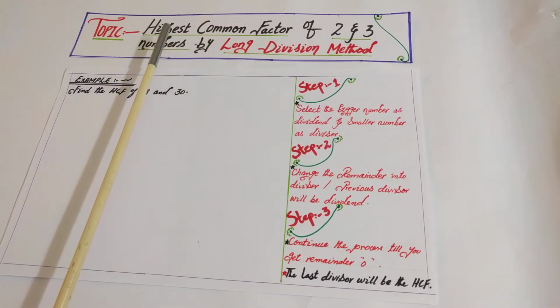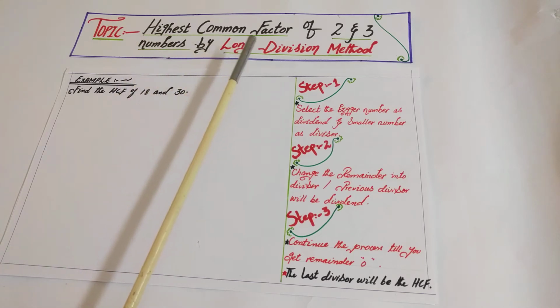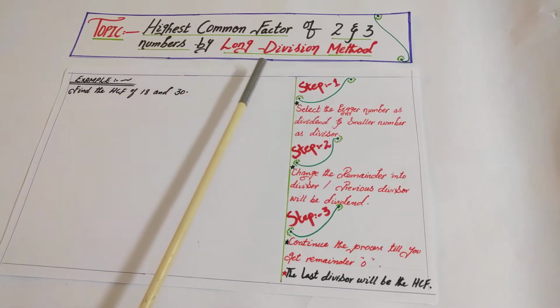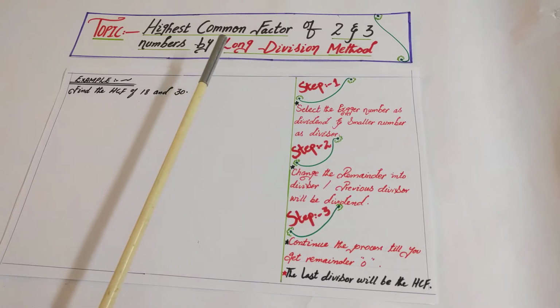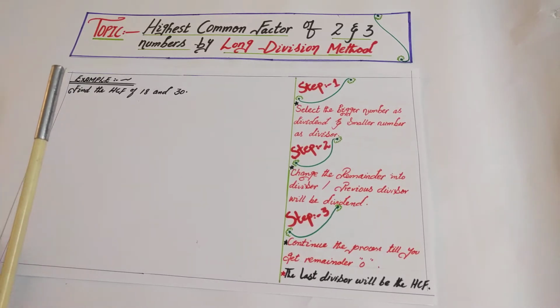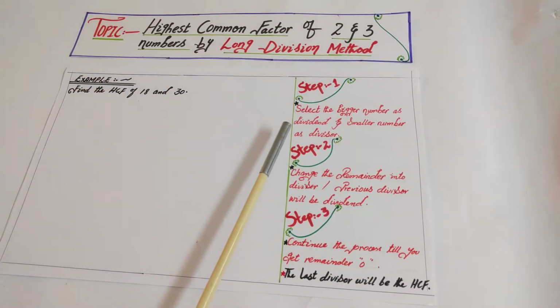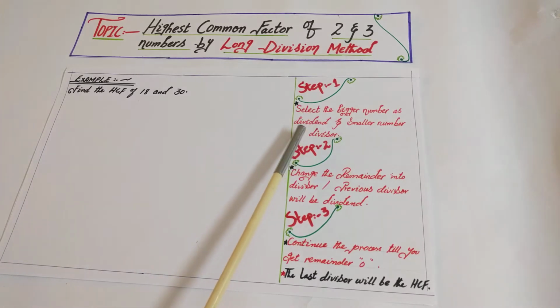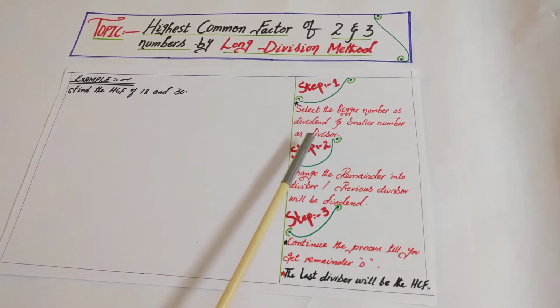Before we start this topic, highest common factor of 2 and 3 numbers by long division method, there are some steps to solve these examples. Let's start the steps. Step number 1. Select the bigger number as dividend and smaller number as divisor.